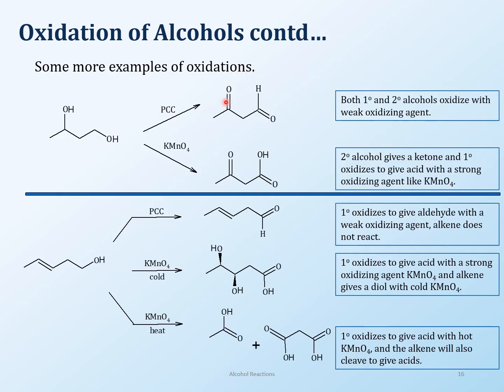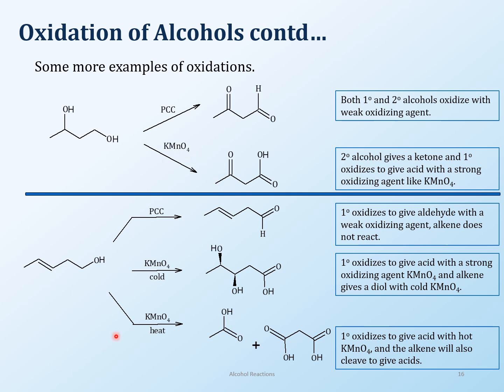Here are some examples of what you can do. If you have a secondary alcohol and a primary alcohol, and you choose PCC, then you oxidize both. If you use KMnO4, you will oxidize both. But when you do PCC, it doesn't go to acid. This goes to aldehyde. KMnO4 will take the primary alcohol all the way to the acid. You still get a ketone over here.